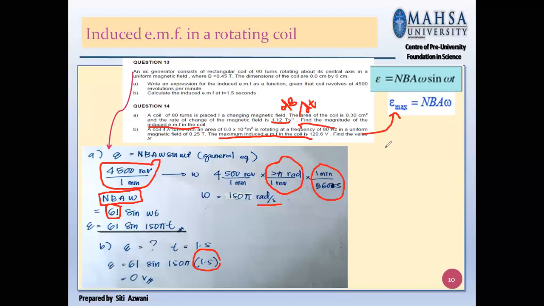So the omega is equal to 2 pi f. I think you are very familiar with this formula to calculate the omega. Then you can calculate the omega, then substitute the value of your omega into your equation here, E maximum, then solve for the n number of turns. Okay, is it okay?